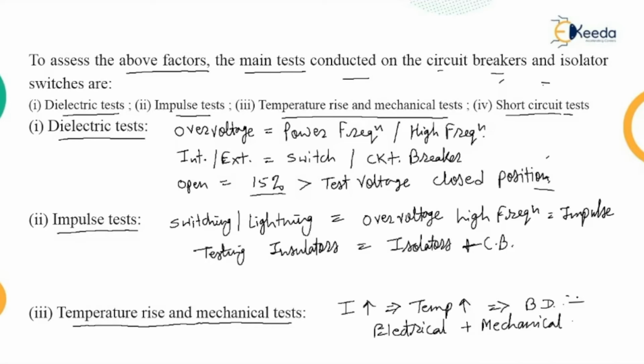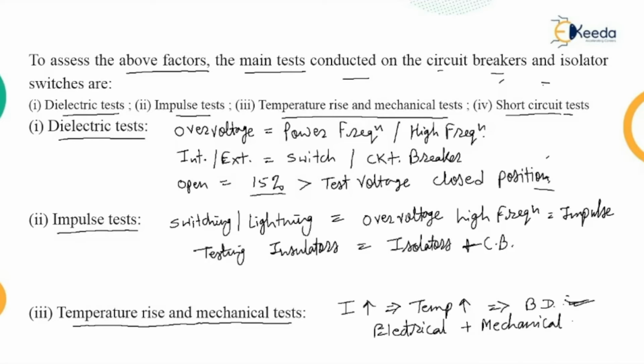Therefore the type test on circuit breakers and isolators is done according to the specification. As per the requirement, these two tests, temperature rise and mechanical test, are conducted.